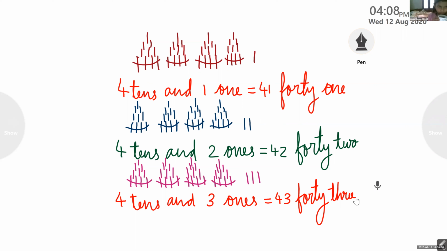T-H-R-E-E, 3. 43. 43 has 4 tens and 3 ones.